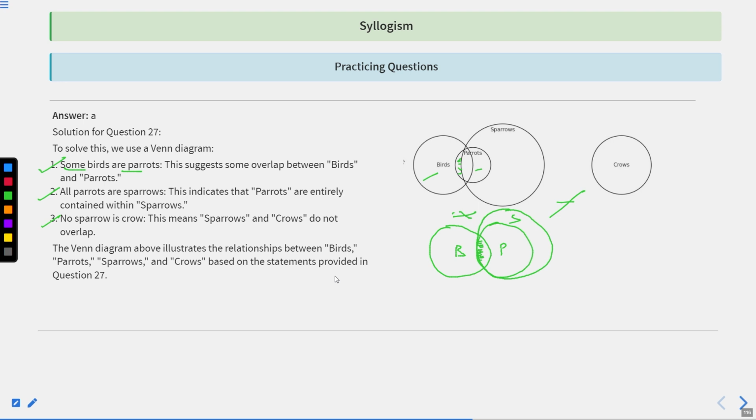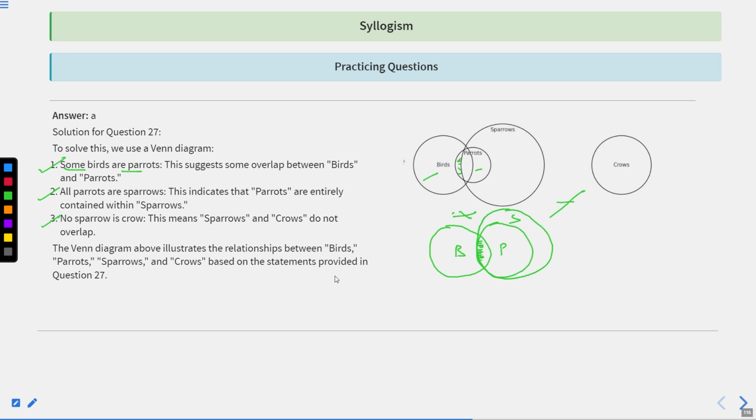Please understand this point. Some x are y doesn't mean we can conclude that some y are not x. This is an assumption that we will be making, and we are not supposed to assume anything whenever we are solving syllogism.